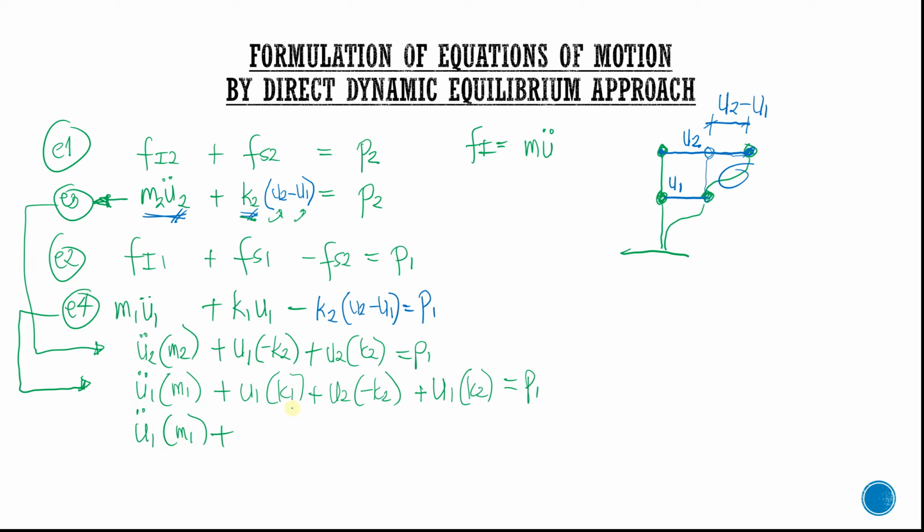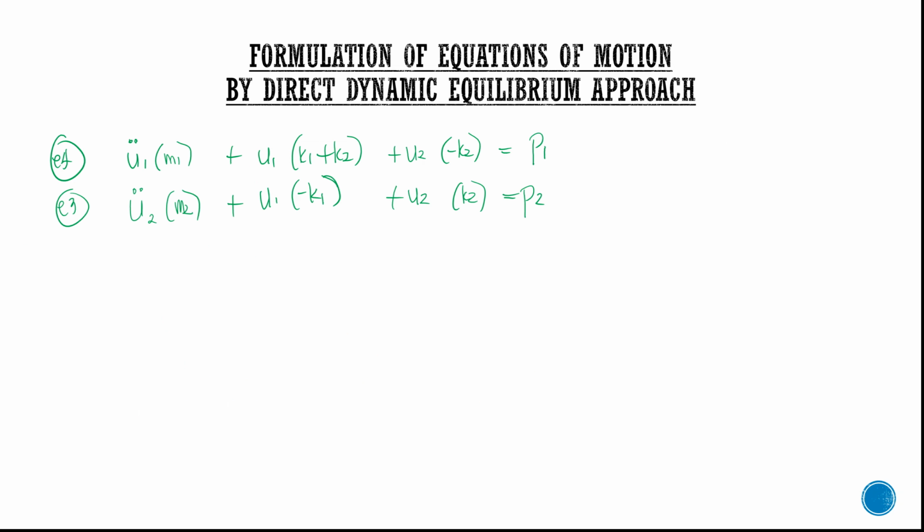Then when we combine like this, we have U1 here and there. For U1, the deformation of the first floor, we have this expression: U1 times K1 plus K2 plus U2 times negative K2 is equal to P1.